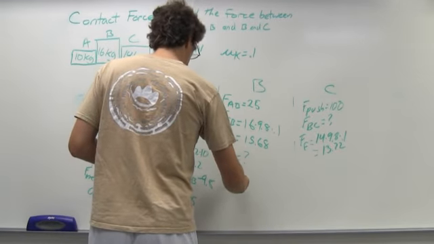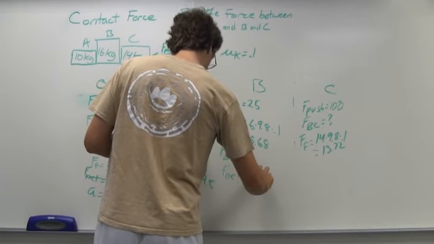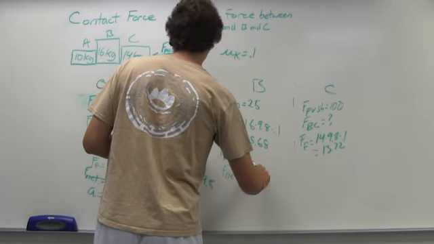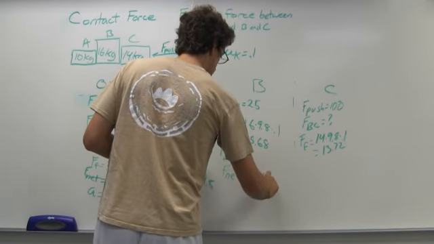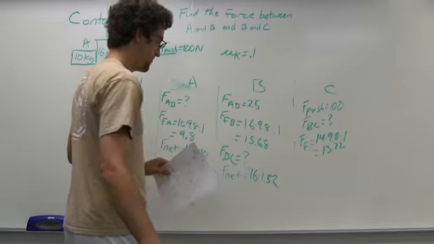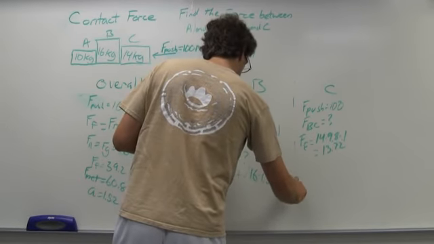F net equals 16 times 1.52. Multiply that out, we get 24.32.